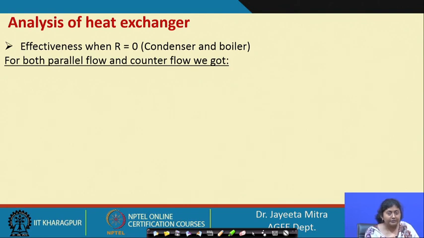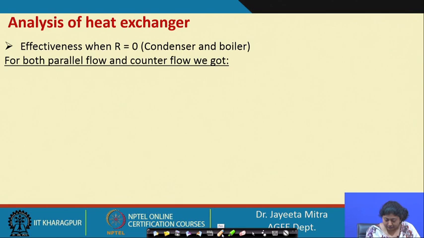Now, when R becomes 0, we know that in certain cases temperature does not change, where the phase change is involved. For example, the condenser and the evaporator. So, in case of condenser, hot fluid temperature does not change.